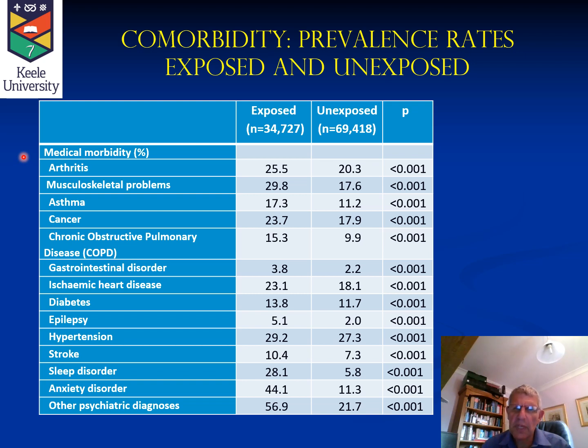And it's clear that in this study, when we look at people who were exposed to hypnotic drugs and those who weren't exposed to hypnotic drugs, there is a big difference between them. So you can see there's a significant difference. They had more arthritis, more of all sorts of illnesses that could be leading to increased mortality. And this was the issue that we had to contend with in analysing the data.